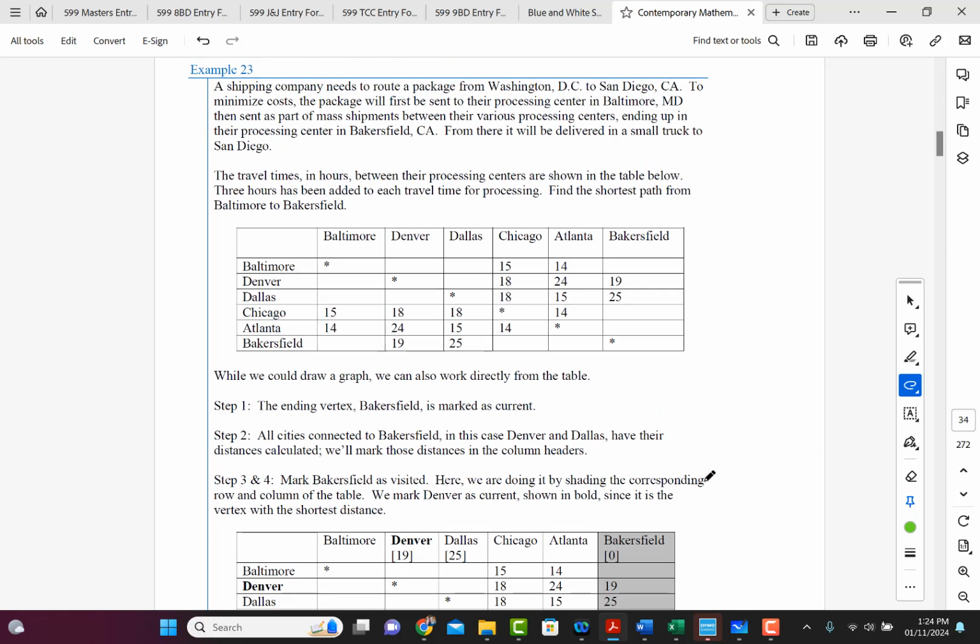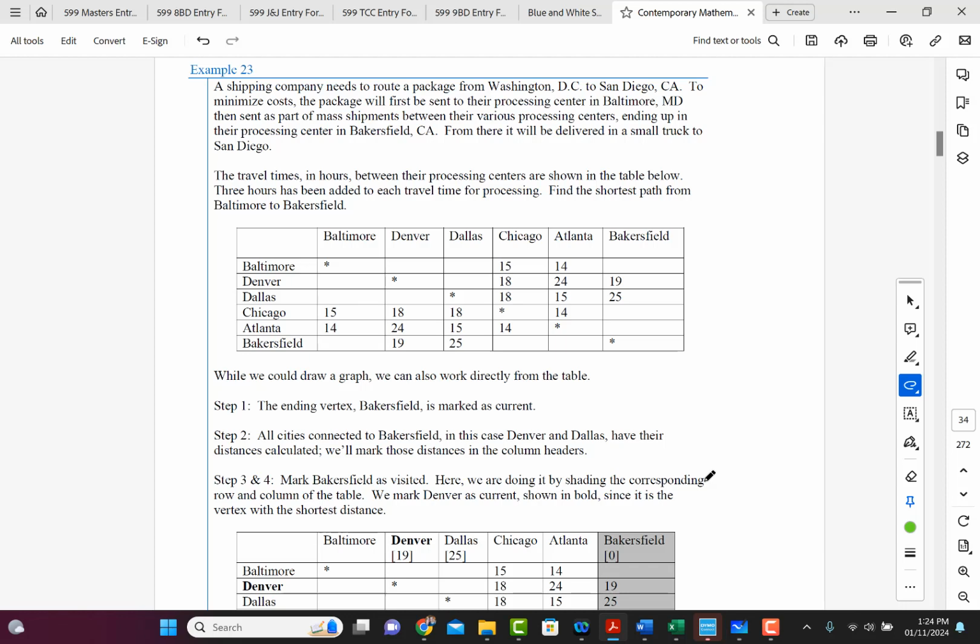Okay, so example 23, it says a shipping company needs to route a package from Washington, D.C. to San Diego, California. To minimize costs, the package will first be sent to their processing center in Baltimore, Maryland, then sent as part of mass shipments between their various processing centers, ending up in their processing center in Bakersfield, California.